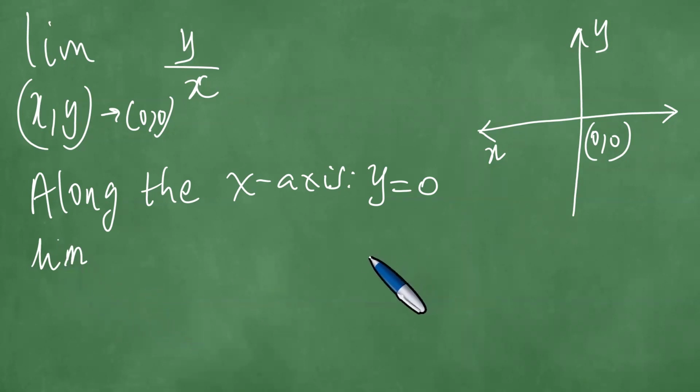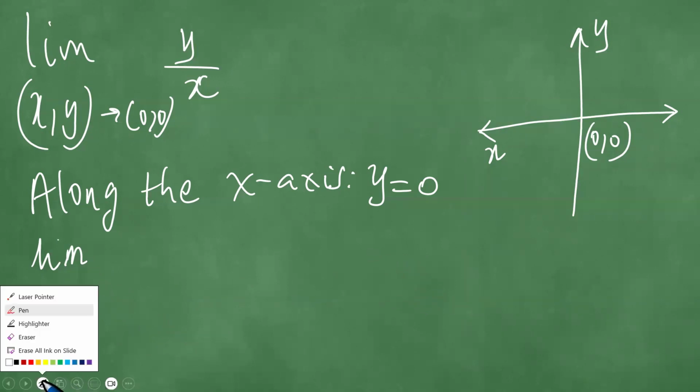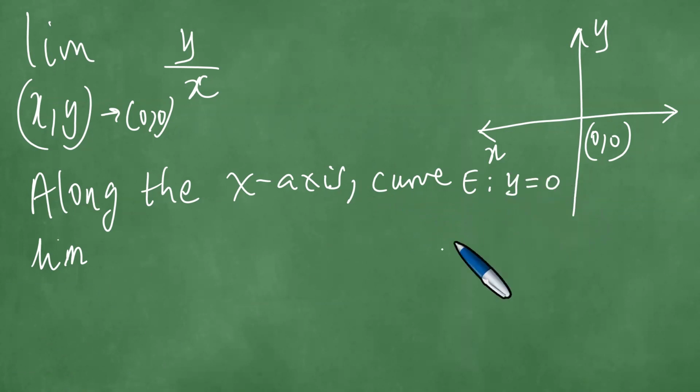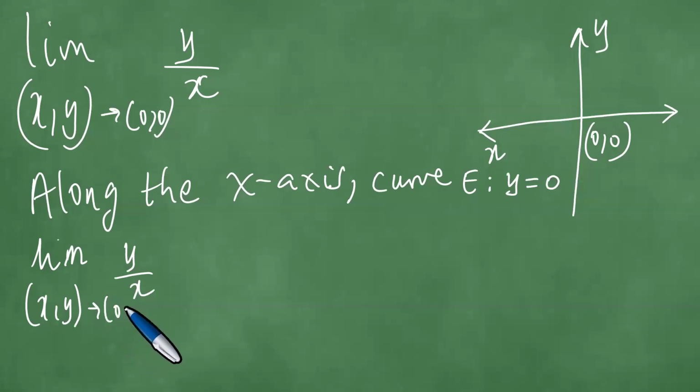Obviously you can also give the x-axis a name and call it a curve, curve E. And along curve E, the x-axis, we agree that y is 0. So we're going to do the limit of y over x, with x and y approaching 0 and 0 along curve E.